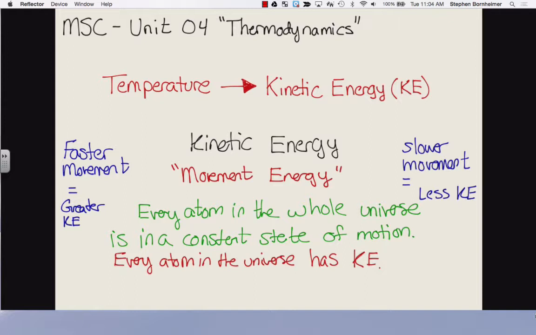Couldn't you use like a roller coaster as an example? Oh, absolutely, we could use a roller coaster. In physics, we analyze roller coasters purely from a kinetic energy standpoint. It's a beautiful thing. My entire kinetic energy test in a physics class would be based on a roller coaster. Yes?